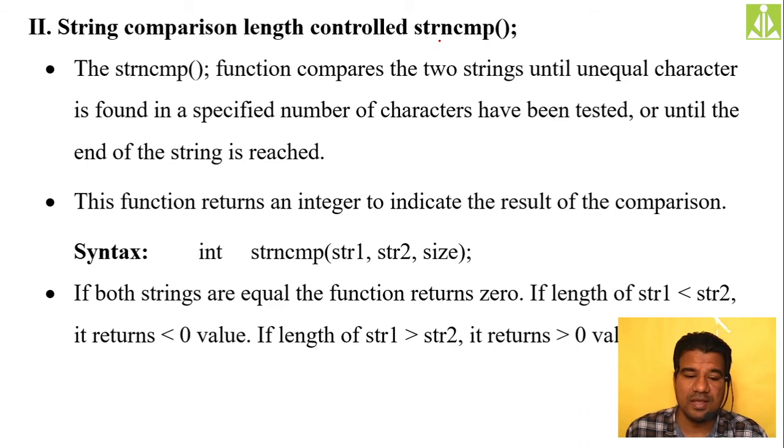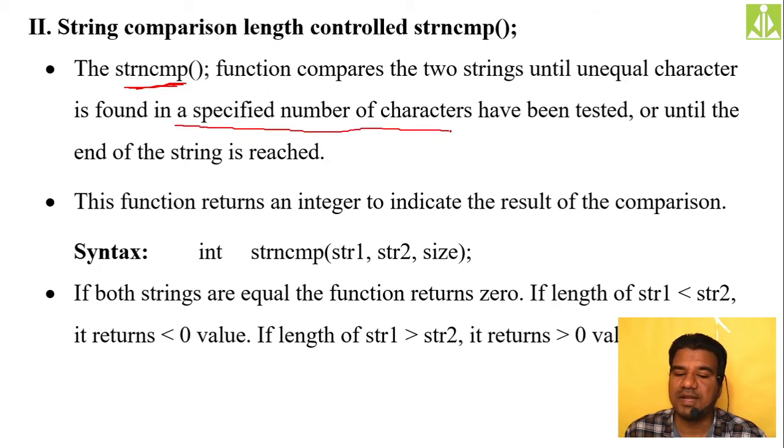So this is the strncmp, string comparison length controlled function. The strncmp function will compare the two strings until an unequal character is found, within a specified number of characters. If you say 2, it will check only the first 2 characters.